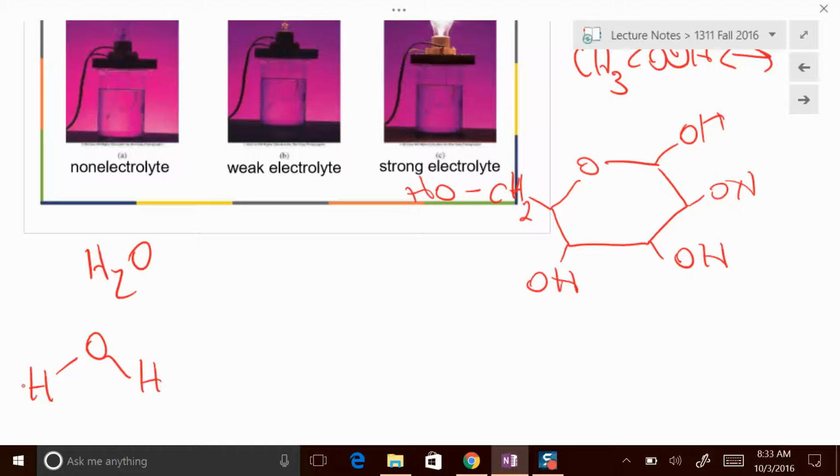Right? Does this water conduct electricity? Enhanced with minerals. Yeah, it's going to conduct electricity. Does your tap water conduct electricity? Uh-huh. It's got all kinds of minerals in it, right? So yeah, it's going to conduct electricity.